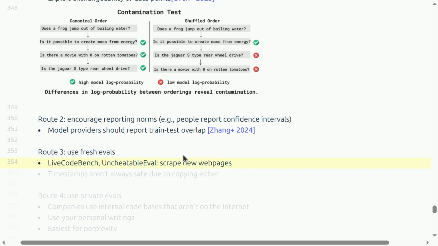So this seems pretty robust and good. But one thing to keep in mind is that timestamps aren't always safe either, because with code, for example, I might put something on GitHub which is actually derived from some other repo. And so how do I know that that's genuinely fresh?